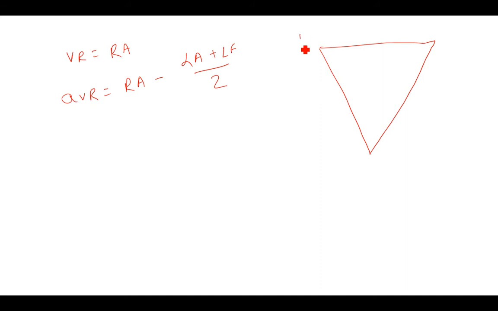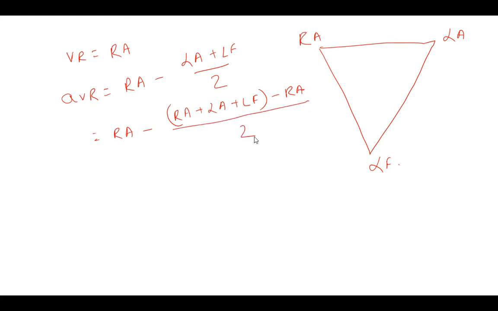So this one is RA, this one is LA and this one is LF. So AVR is equal to RA minus (RA plus LA plus LF minus RA) by 2. We can write it in this way, right?